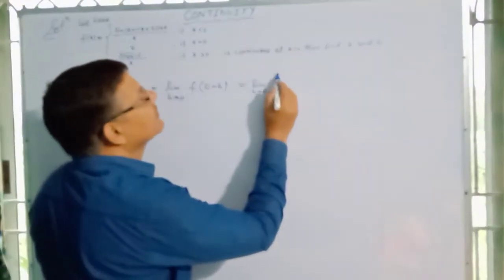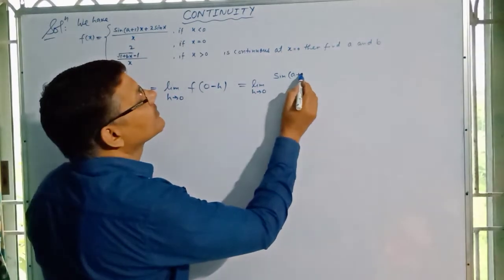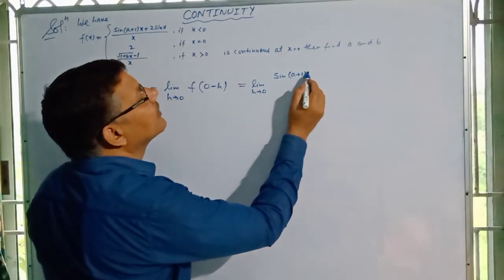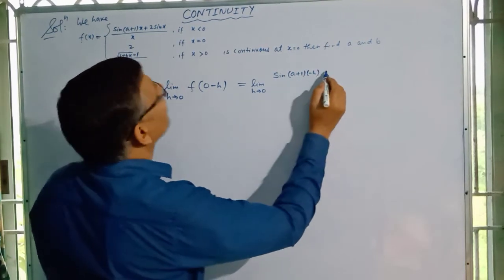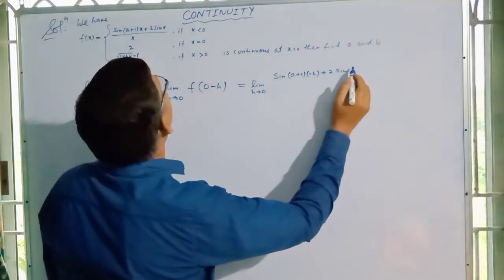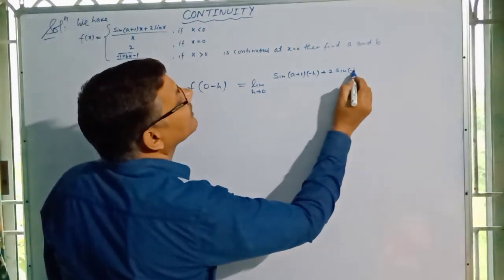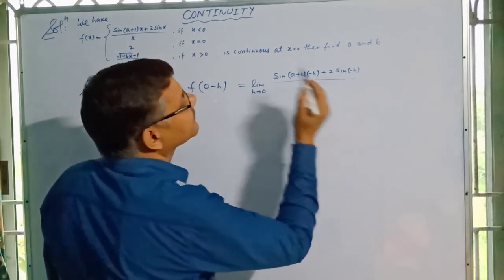So it is actually sin((a+1)(−h)) + 2 sin(−h), whole divided by −h.